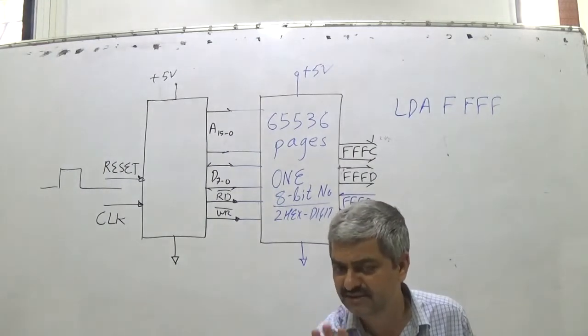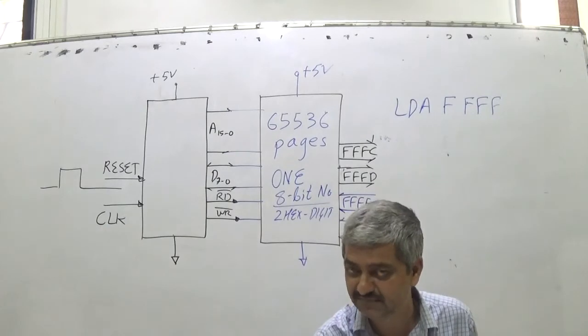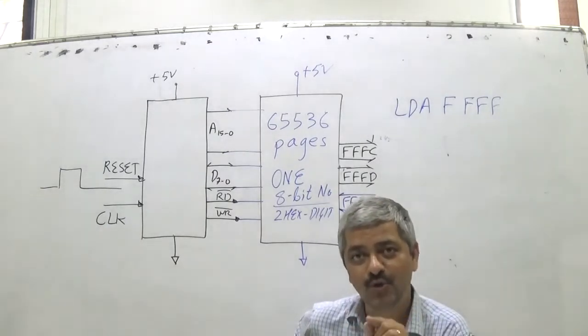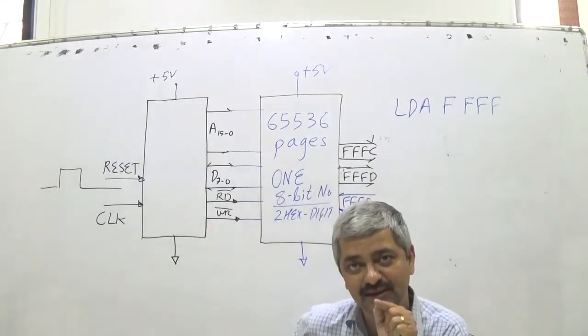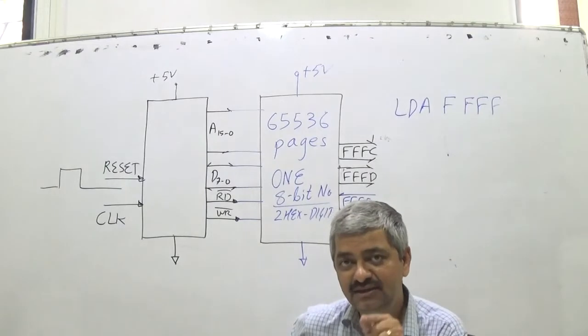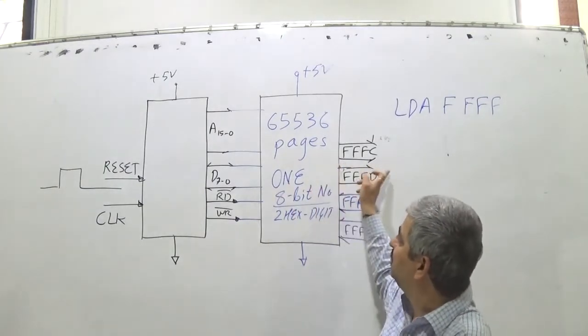An I/O port is nothing but a memory location. The only thing is that its lines are separately accessible to the user.